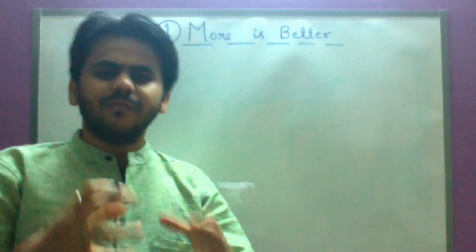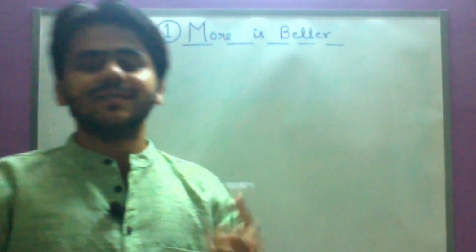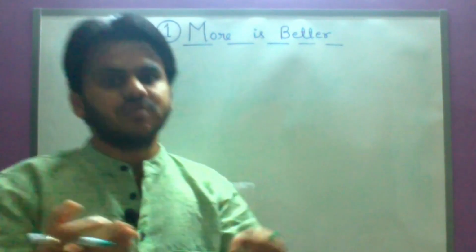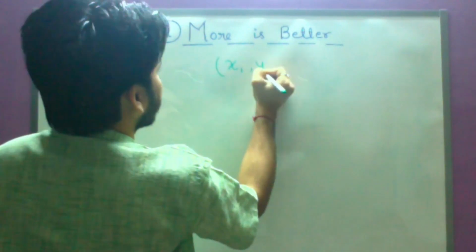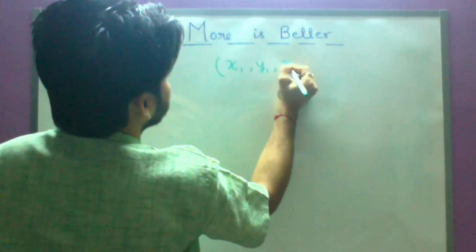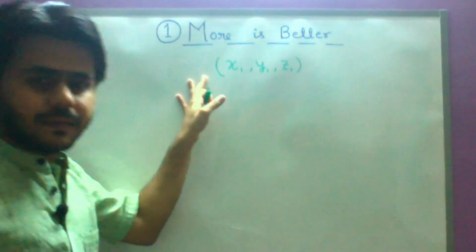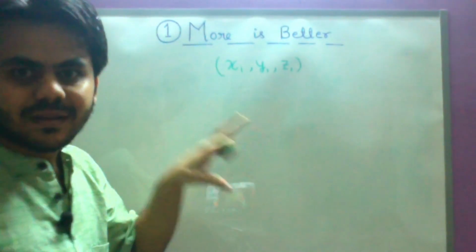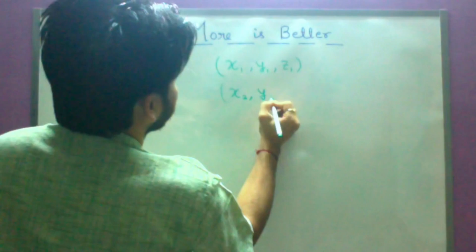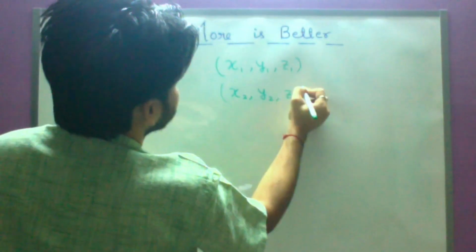Let's say you have two bundles, bundles meaning a set of goods. X1, Y1 and Z1: this is your bundle 1. Now what about the other bundle? X2, Y2, Z2.